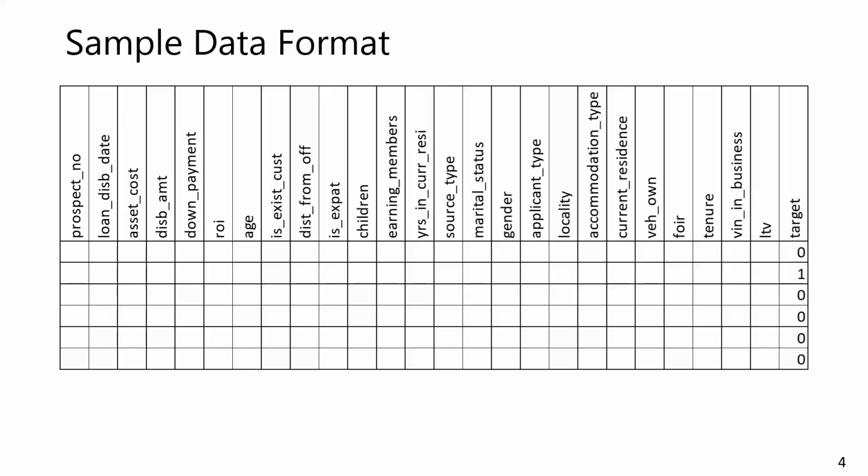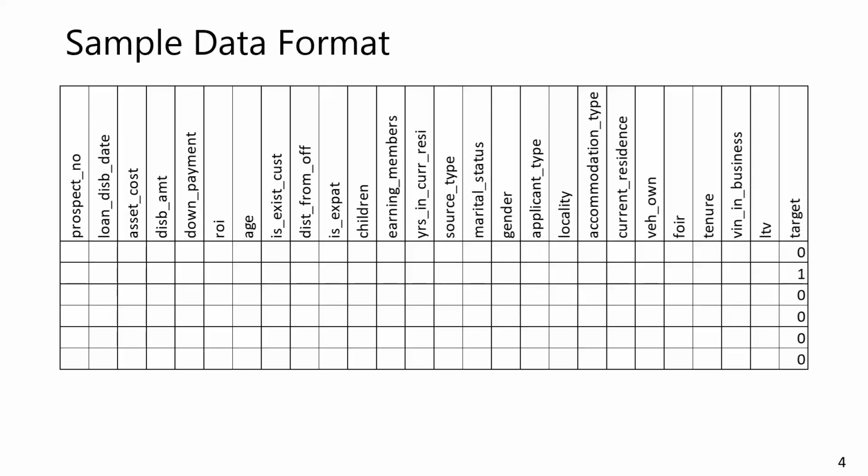Now, when we build the model, we are not going to exactly say this customer is going to be a defaulter and this customer is not going to be a defaulter. What a model gives is the probability that this customer is likely to be a defaulter. If we know the probability of default, 1 minus probability of default is the probability of not defaulting.